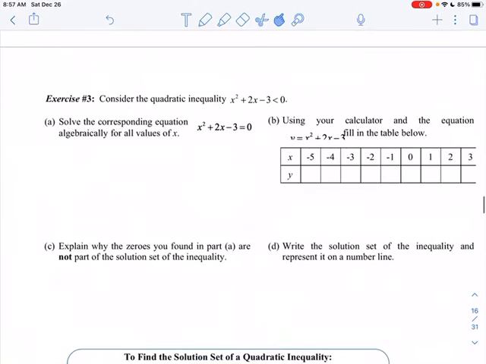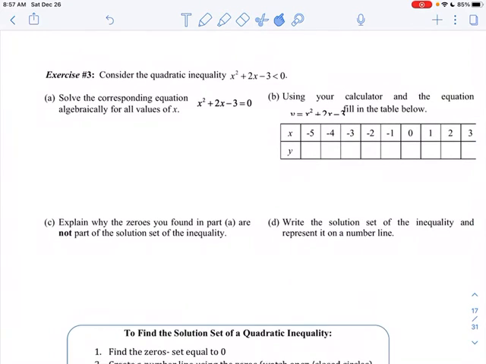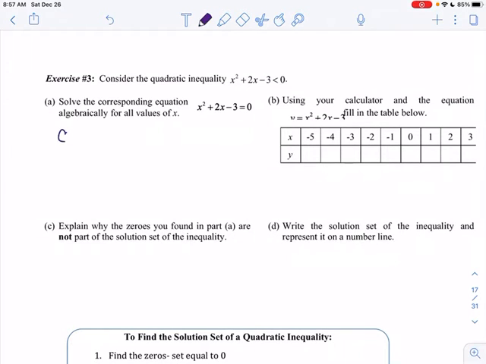All right, so if I'm looking at exercise 3, I want you guys to do this in your calculator. If I go to the calculator app, for some reason it turns off the video. So you go to your calculator, and I'm going to do it at the same time. For y1, I'm going to put in x squared plus 2x minus 3, all right?